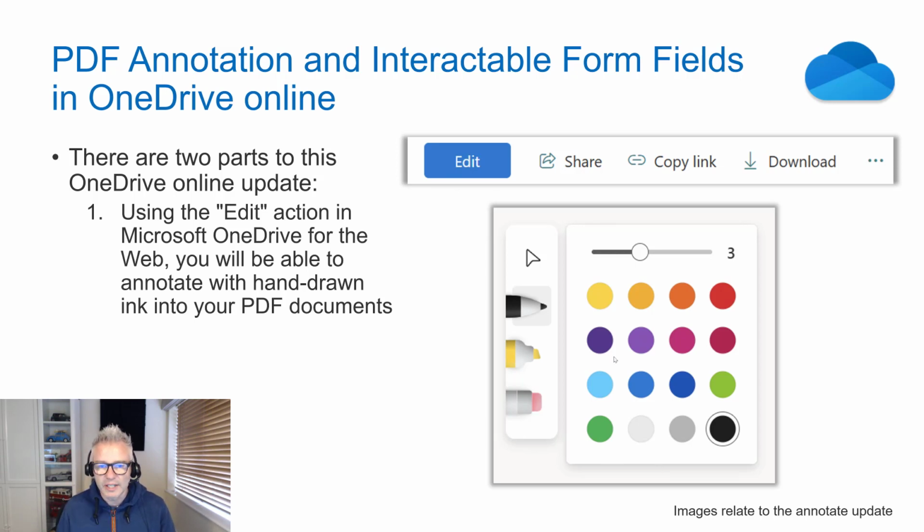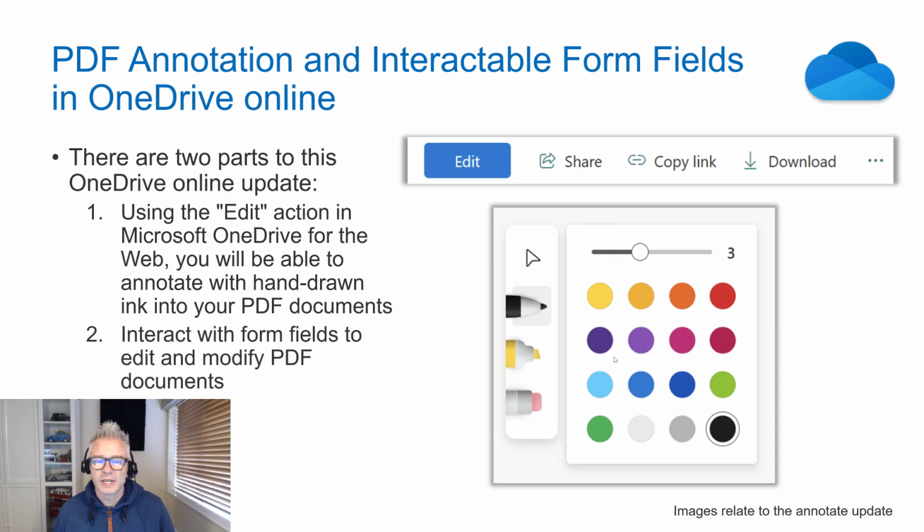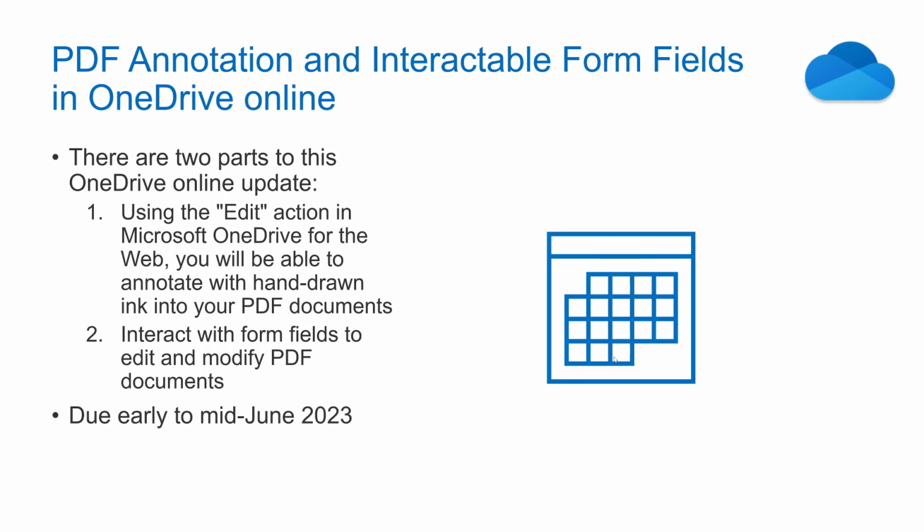I meant to add, sorry, this is for writing on your PDFs. And the other one is the ability to interact with your form fields. So if your PDFs have got fields in for you to fill in, you can do that from inside your OneDrive as well. And folks, it's due early to mid-June 2023.